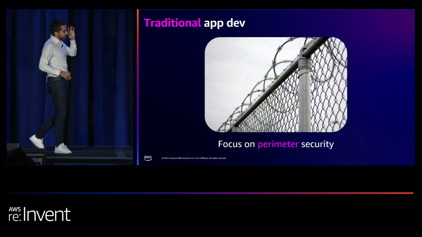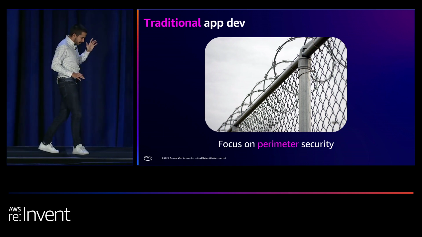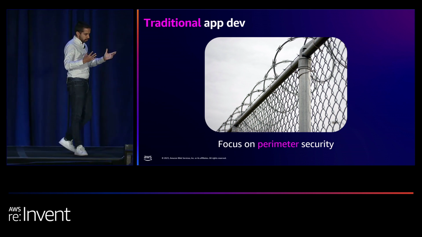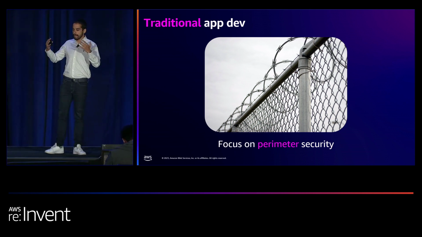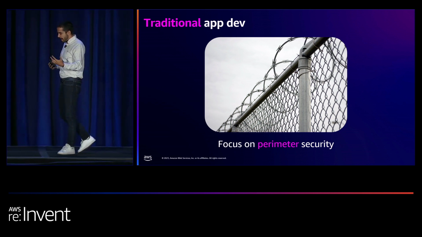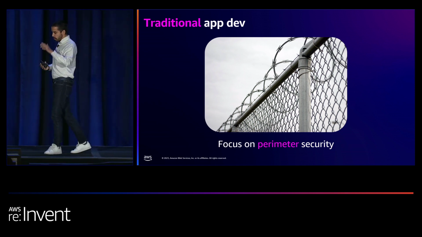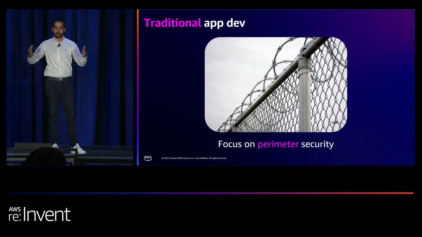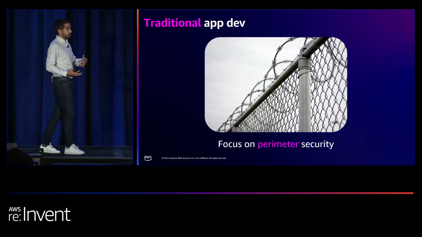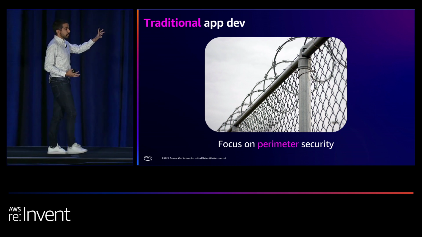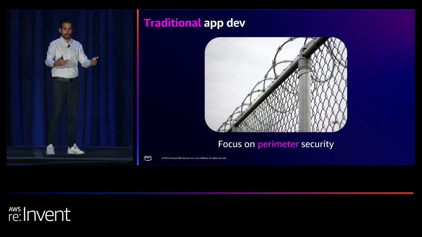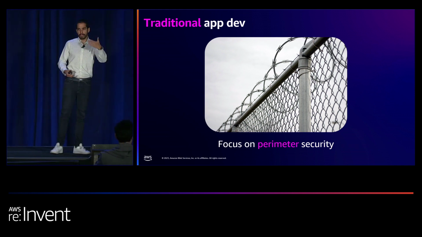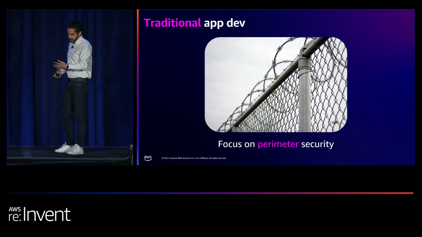So I want to contrast distributed applications with traditional applications, where you may have a single code base, single database, single network entry. In principle, that sounds a lot simpler to secure. But the problem with these applications is that there's an overemphasis on that perimeter, focusing on firewalling, focusing on intrusion detection systems.